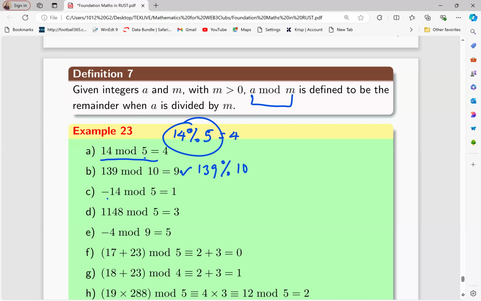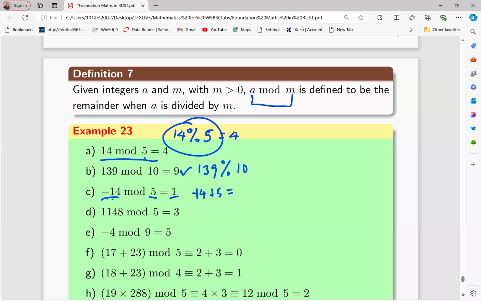The remainder of this on division by 5 would be 1. In fact, how you do this, using the code: if you use the Rust code, it can give this an answer as negative 14. But to ensure that you have the positive value, you take the negative 14 and add 5.